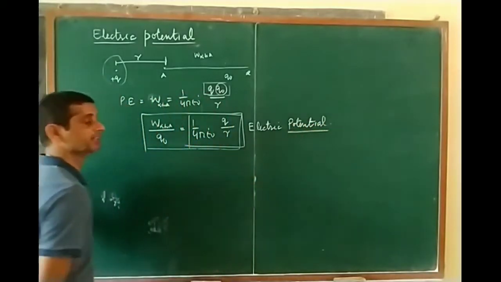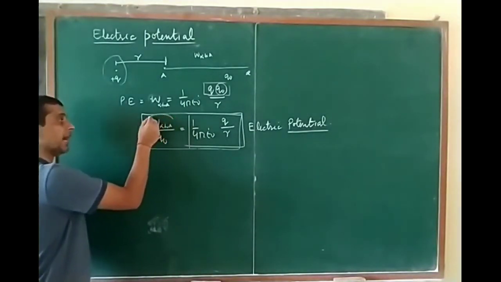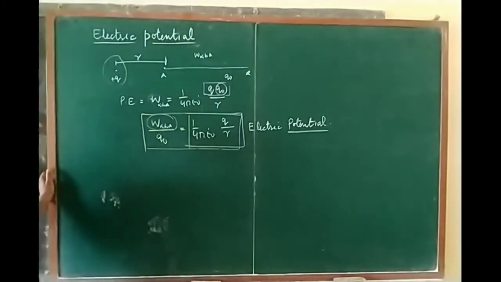So how will you define this electric potential? The electric potential can be defined as the amount of work done to bring a charge from infinity to this respective position, per unit test charge.